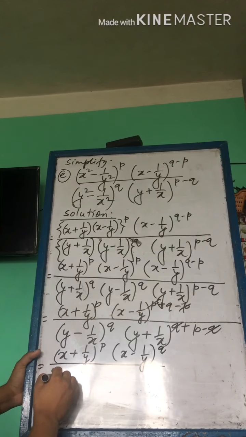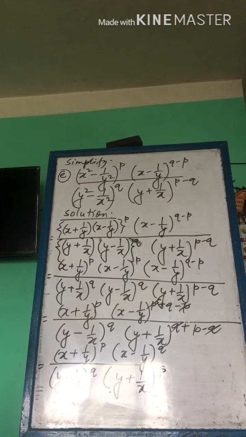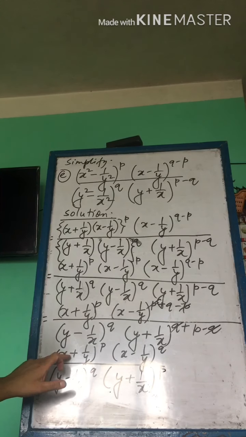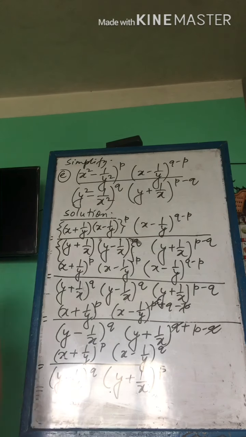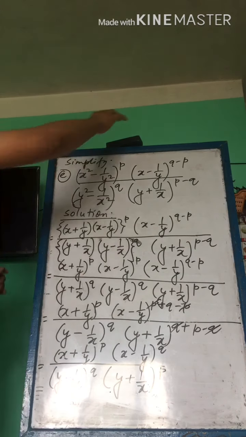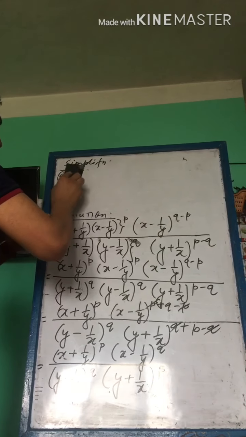In the denominator, y minus 1 upon x to the power q and y plus 1 upon x whole to the power p remain. Now carry out the addition of these brackets. Carry out the addition. Okay. Let me draw it. Let me draw from here only.